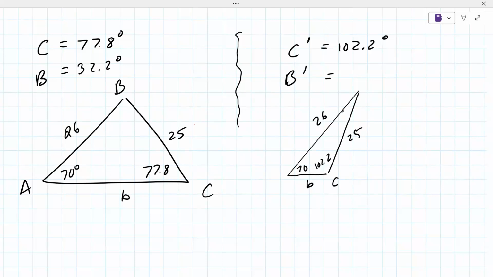So that missing angle is like 5.8 degrees. And it's up to you if you want to solve them side by side, or solve one and then come back and solve the other. Any questions on that before we find little b?